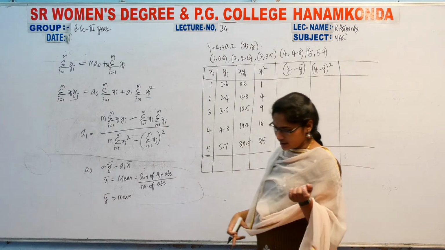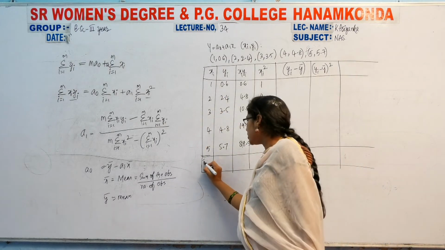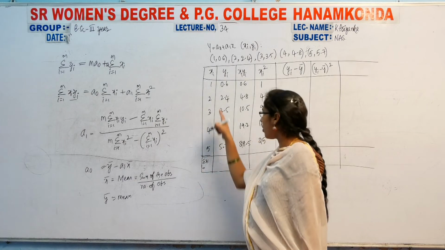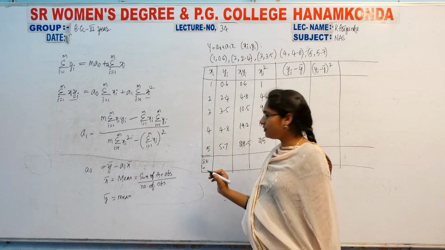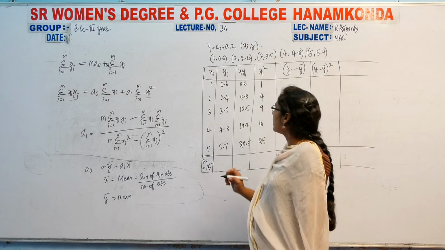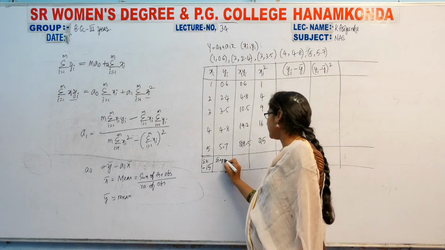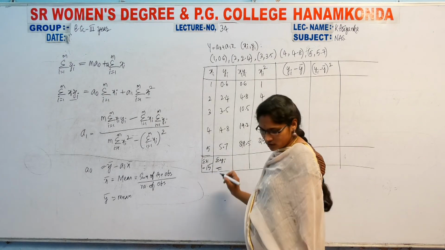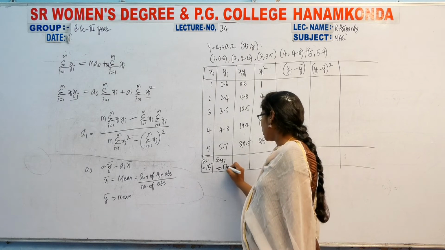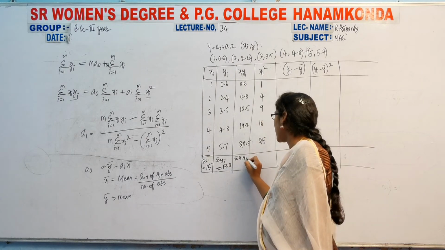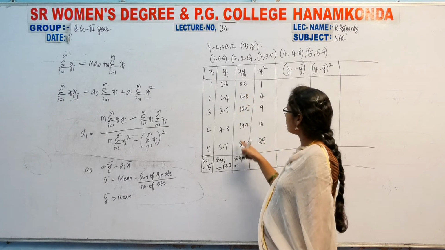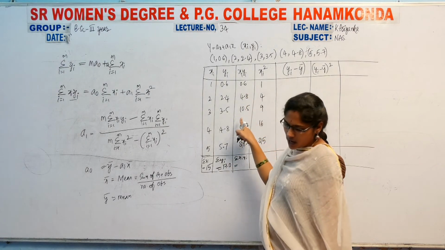Next, summation xi means the sum of all these values. 5 plus 4, 9, 10, 13, 14, 15. So this is 15. Next summation yi is equal to 17.0, that is 17. Next summation xi yi is equal to the sum 0.6 plus 4.8 plus this one.